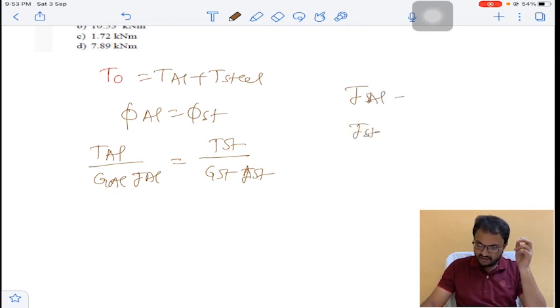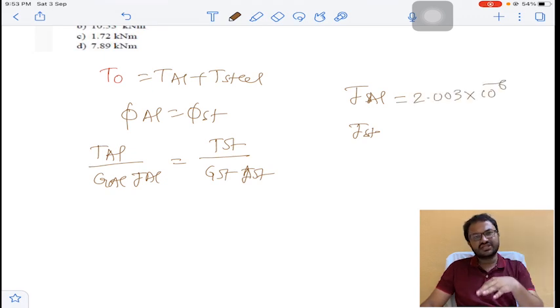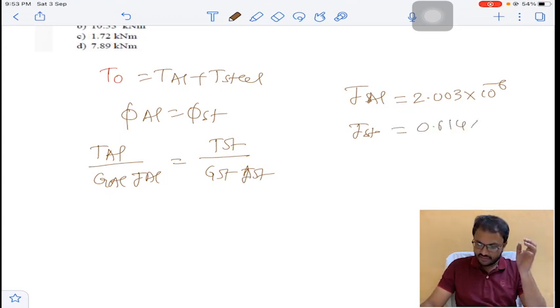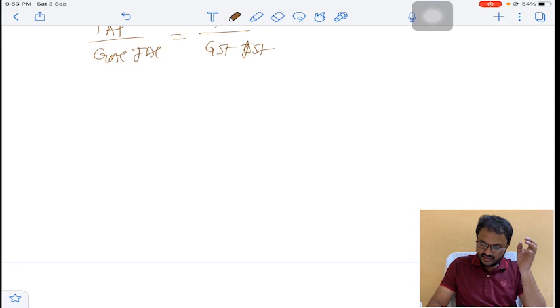So J of aluminium is equal to 2.003 into 10 power minus 6. You get this by using pi by 32 into capital D power 4 minus small d power 4. Okay. So for steel it will become 0.614 into 10 power minus 6, in meter power 4. Now T aluminium divided by T steel is equal to GAL into JAL divided by GST into JST.